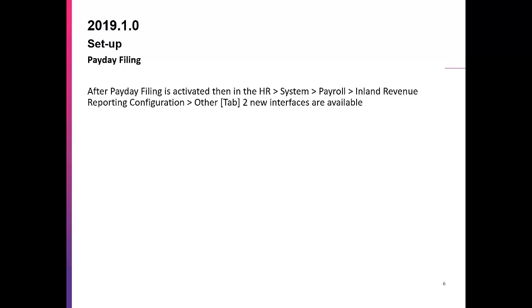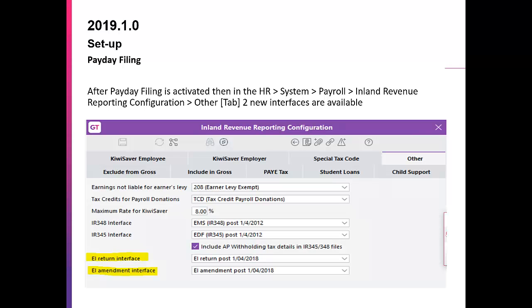In HR, System, Payroll, the Inland Revenue Reporting Configuration, Other tab, sorry, that's quite a long sentence, but there's a screenshot following my path above. Up in Other, there are two new interfaces which I've highlighted there. Those are set up as part of the upgrade process. You do not need to go and select those, and those interfaces are in line with the IRD specifications, so there is no need to alter them.